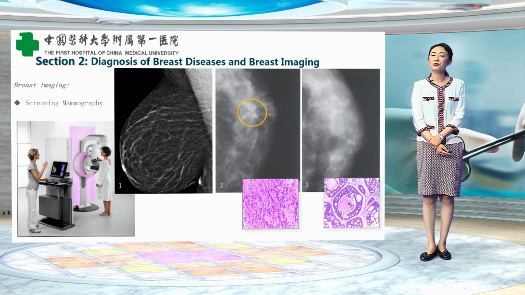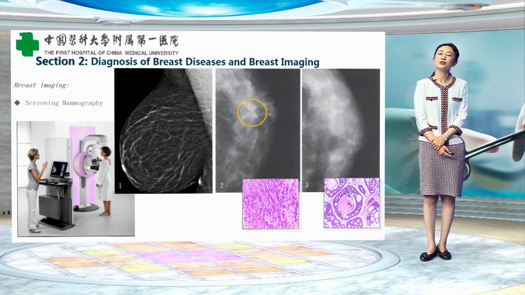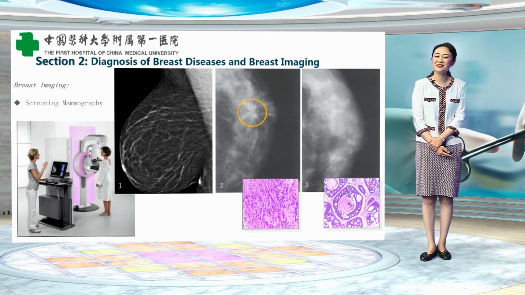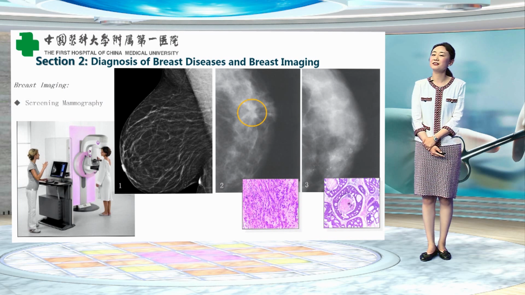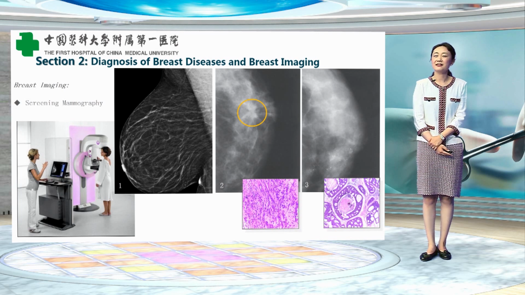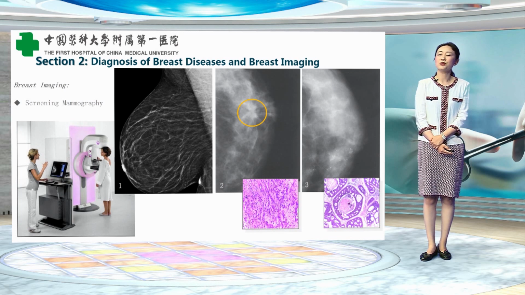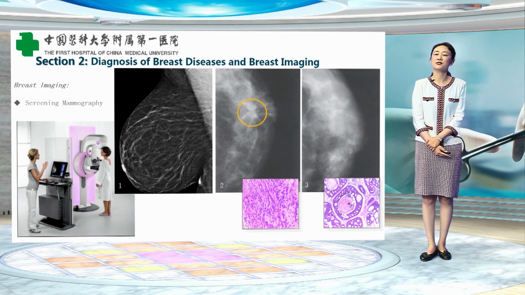Here we show the screening mammography, the picture of the mammogram, and the equipment to do the mammogram. It's an X-ray equipment. They have 2 compressive pads and squeeze the breast and take pictures. Figure 1 showed a normal type A breast, which is commonly seen in menopausal women.